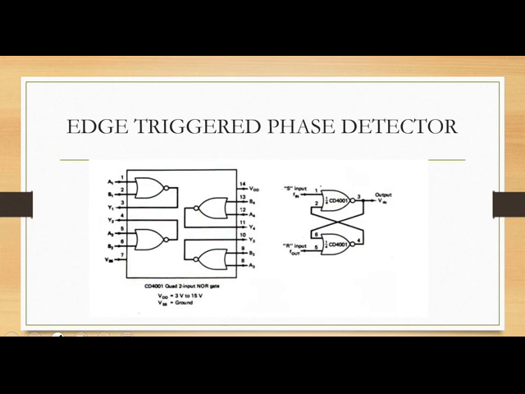So here you can see an SR flip-flop which is used, which consists of NOR gates, and it changes its state at the positive going edge of the signal. So the input Fin is connected to the S input, whereas the output of the VCO is connected as R input of the SR flip-flop.